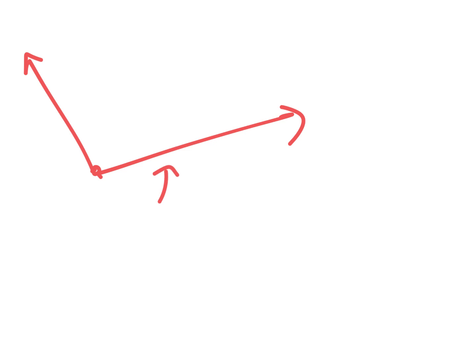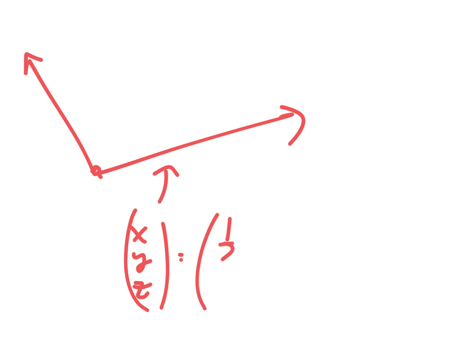Okay, enough about that. Next, let's do another simple one where I give you a vector that's going this way and a vector that's going that way, and I want to know what the angle is between those two. So this one's going to be a vector x, y, z is 1, 2, 3 plus t times 2, 0, 2.